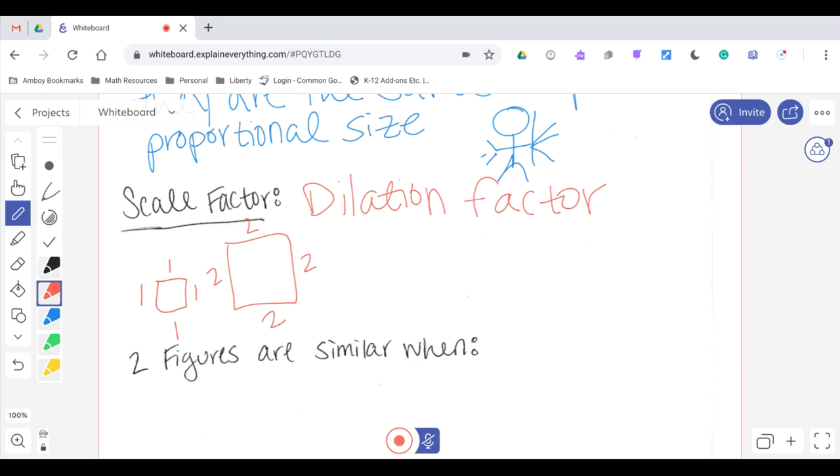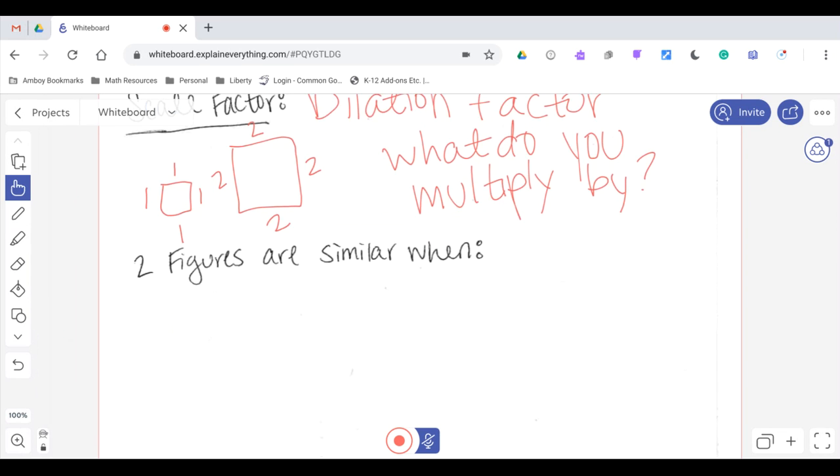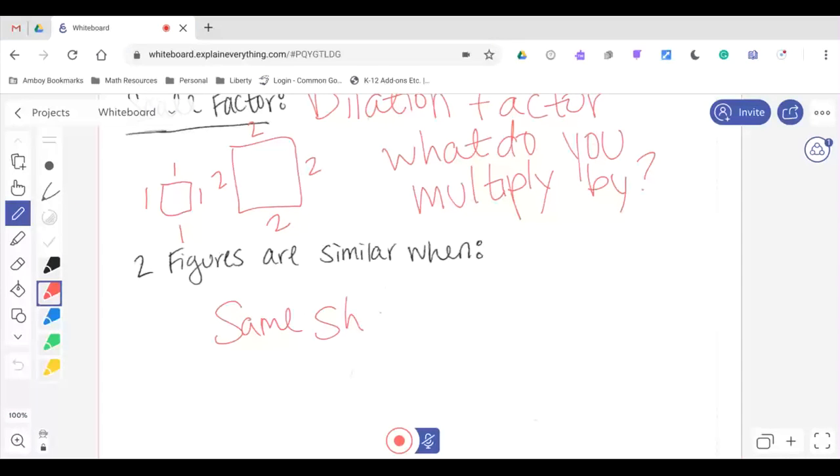They're both the same shape, they're squares, and they are proportional because to go from one to the other, I multiply by 2. So it's basically, what do you multiply by? Okay, so two figures are similar when they are the same shape and you can use the same scale factor for all the sides.